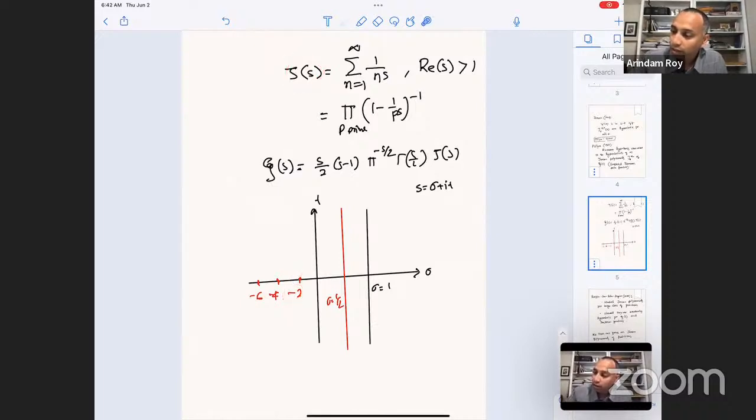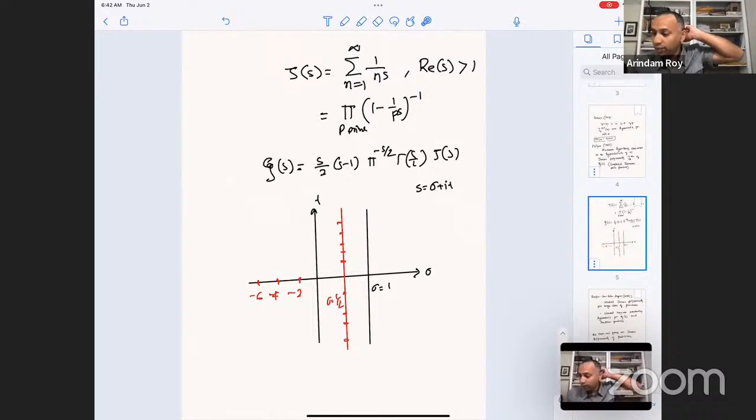And not only that, there are a lot of numbers on this line that are zeros of the Riemann zeta function. And there is a famous conjecture, called the Riemann hypothesis, which I just mentioned on the last slide, assuming that all the zeros other than these zeros should lie on this line. So this is an open problem.